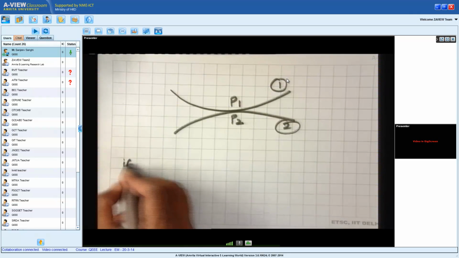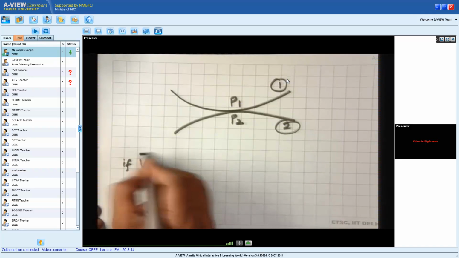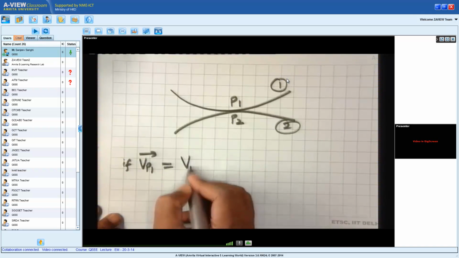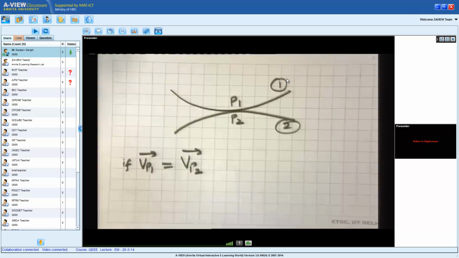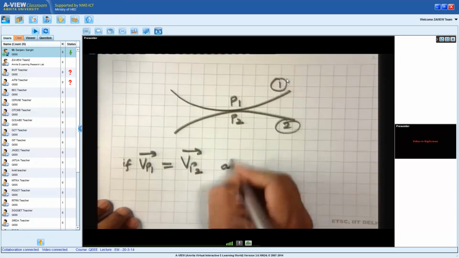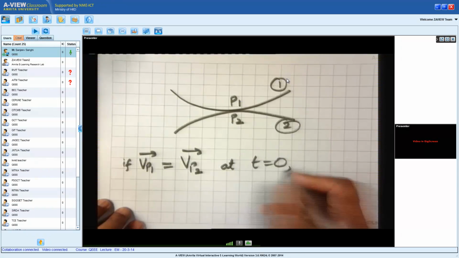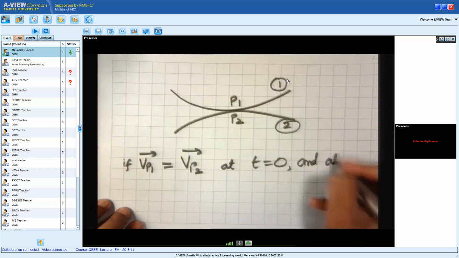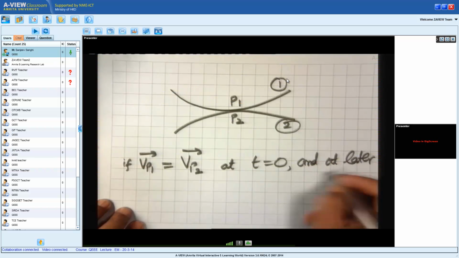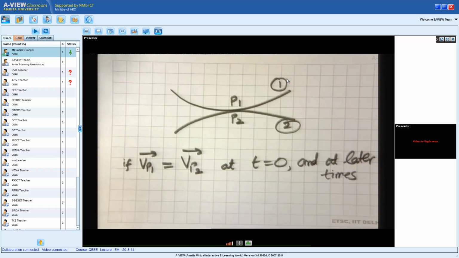If the velocity of P1 is equal to the velocity of P2 at the time in question and at later times, that means the contact points on the two bodies have the same velocities at all times.